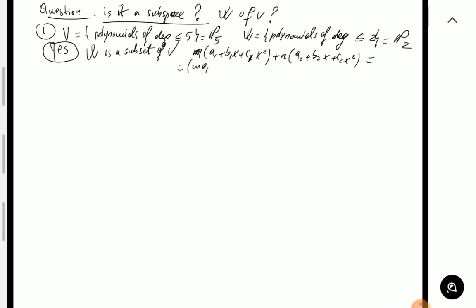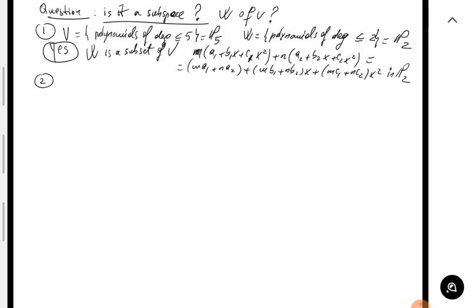Let's write it down one more time: M a1 plus N a2, plus M b1 plus N b2 times x, plus M c1 plus N c2 times x squared, right? We already know actually P2 is a vector space on its own. So the answer is yes. Whatever linear combination you come up with of polynomials of degree less than or equal to 2, obviously you end up with a polynomial of degree less than or equal to 2. So it's a subspace of P5. That's pretty obvious, maybe even too trivial.